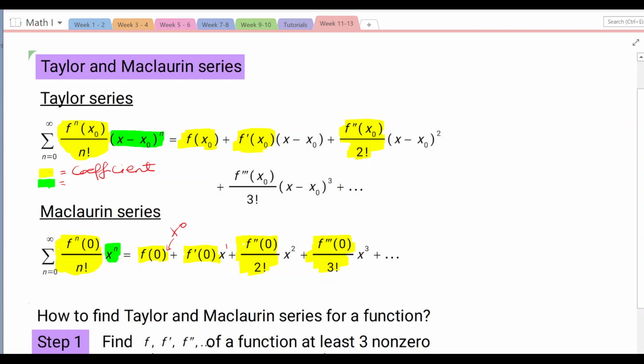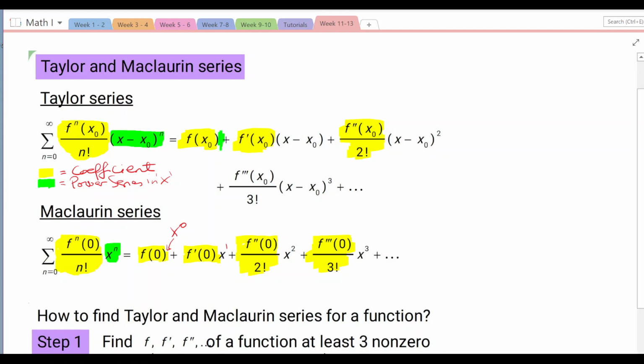Green is the power series in x. So this applies to both the Taylors and the Maclaurins. The yellow terms are our coefficients and the green terms are our power series.